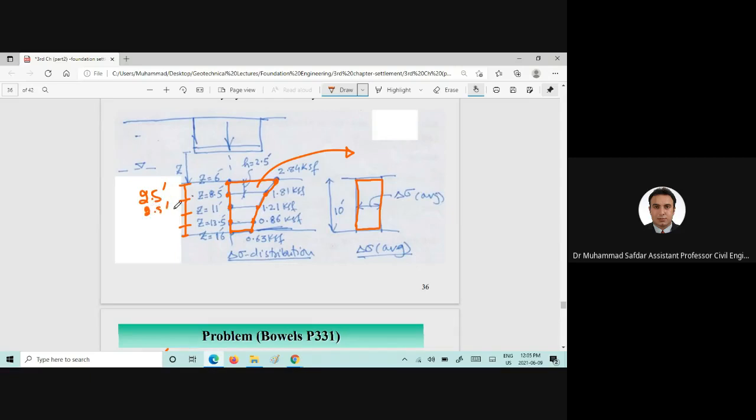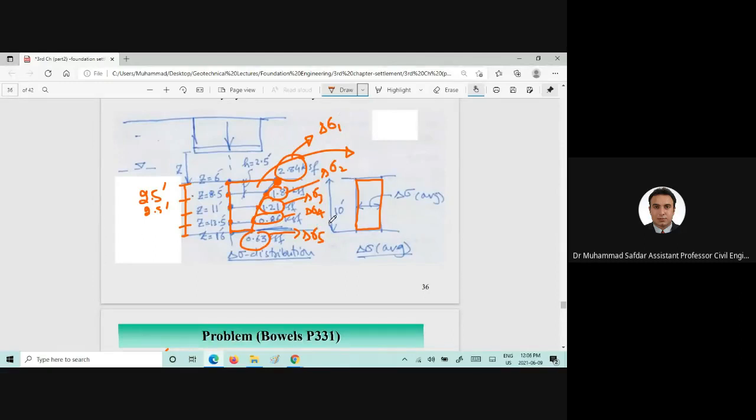This would be 2.84, I will explain how we got there, delta sigma 1, and this would be delta sigma 2, delta sigma 3, delta sigma 4, and this value 0.63 would be delta sigma 5.